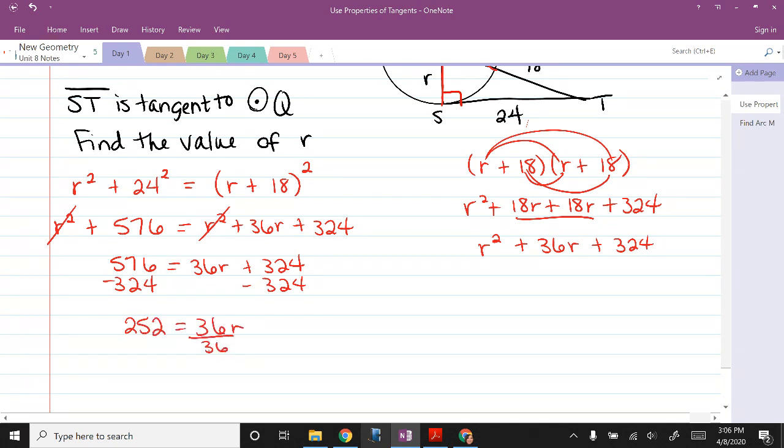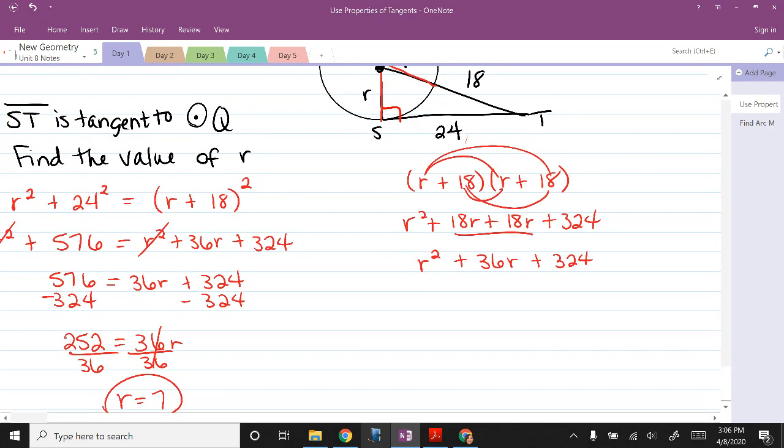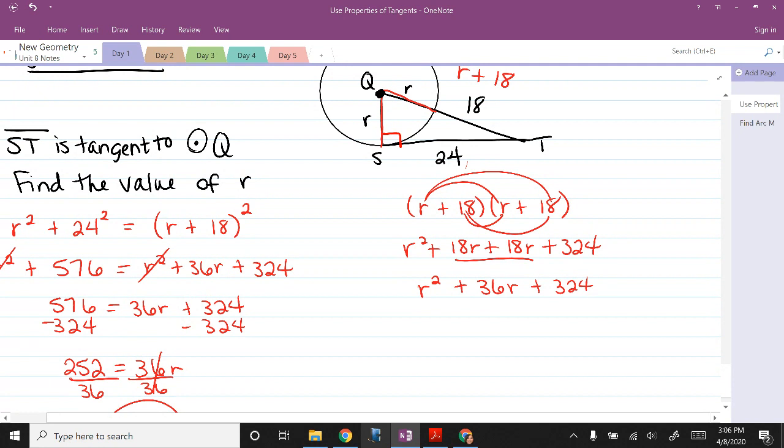And then I divide by 36. And I'm getting just 7. The radius is 7. And again, you could plug those into the Pythagorean theorem and check it. Your hypotenuse would be 7 plus 18, which would be 25. So 7 squared plus 24 squared should equal 25 squared.